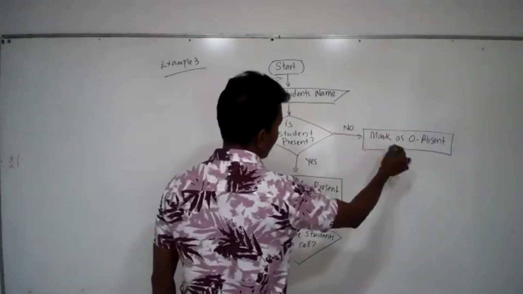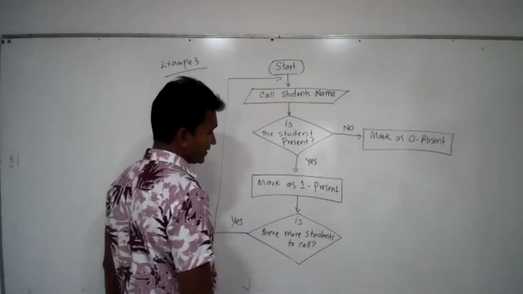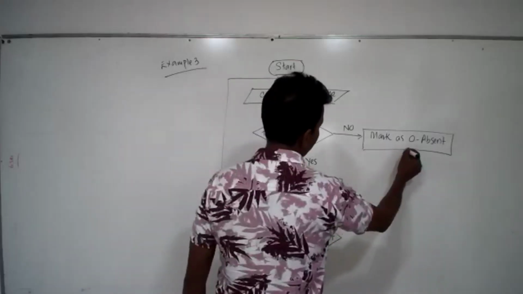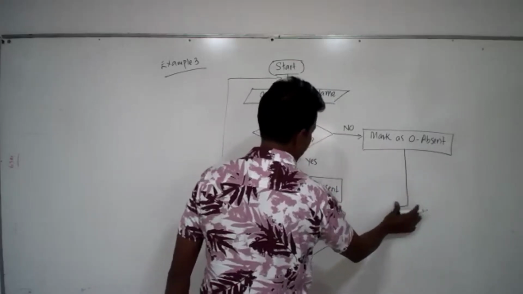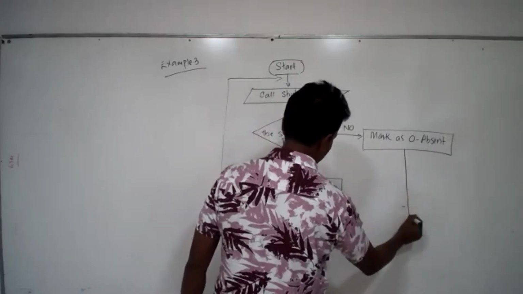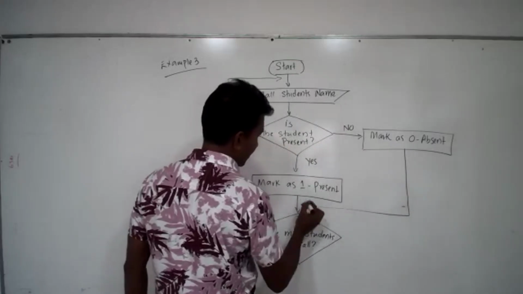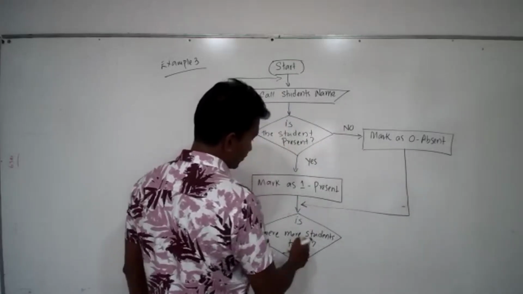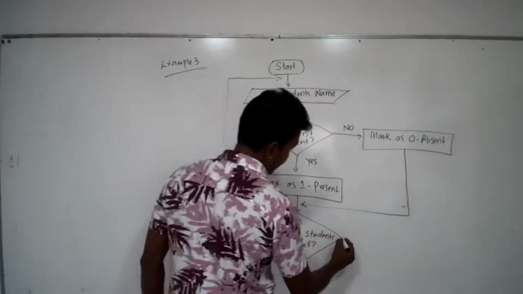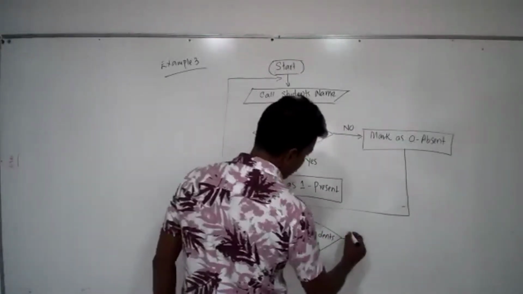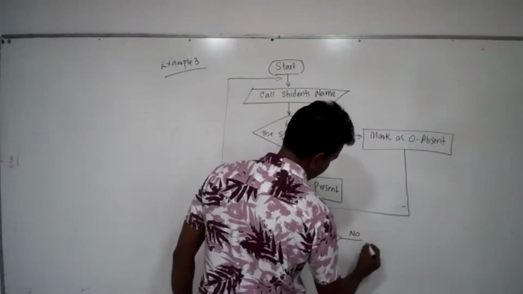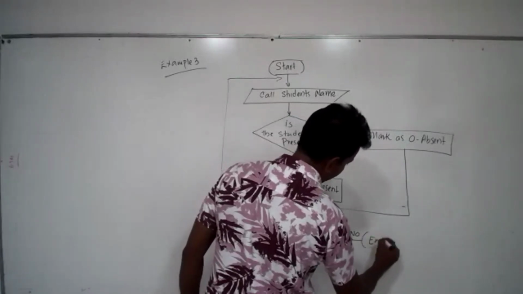If it is no, mark as 0, right? From here also, if he is absent, again we have to check here also. Is there any more students to call, right? If there are no students to call, we have to end the program.